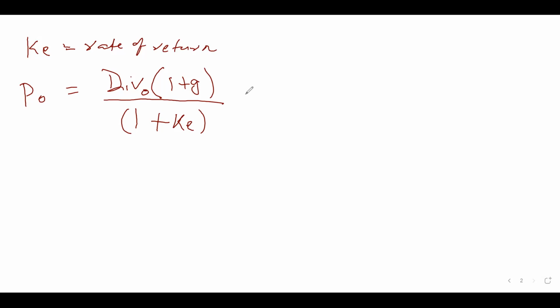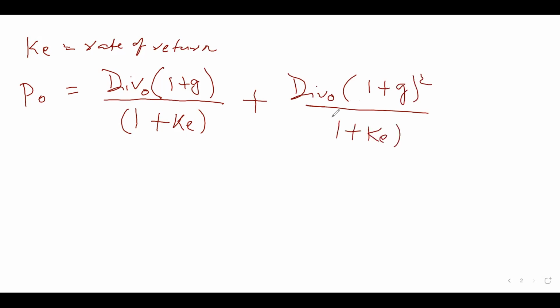Similarly for the second year, Div 0 growing for the second year. And when you are finding the share value, remember you are finding the present value. Share value always means the present value. So this continues.